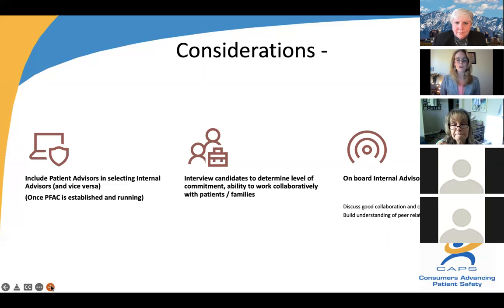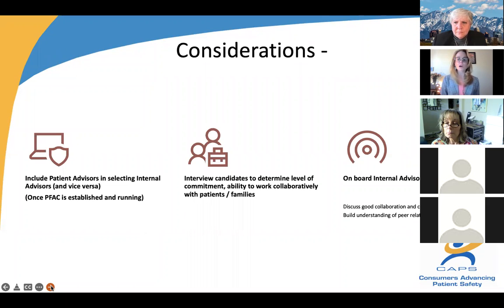Also, I think it's important, if you're a PFAC, and I encourage you to get involved with quality and safety work. And if that's what your advisors want to do, make sure that you're including partners that are from those departments. So something that our PFAC is doing right now is we actually have 5 questions that we ask all internal partners that our PFAs, patient and family advisors, created.